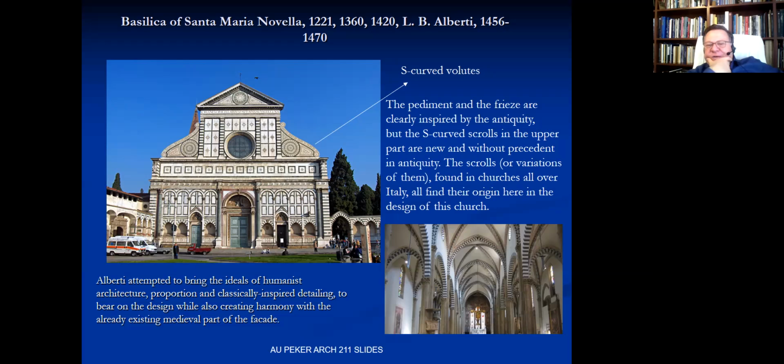Scholars find here a kind of initiator of later Baroque principles of design, not only in applying a single Baroque element here, but also this general approach to design understanding.